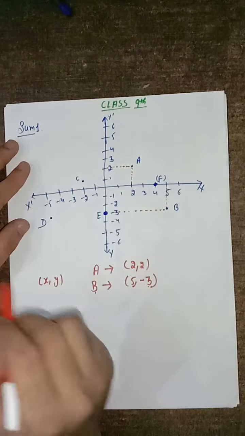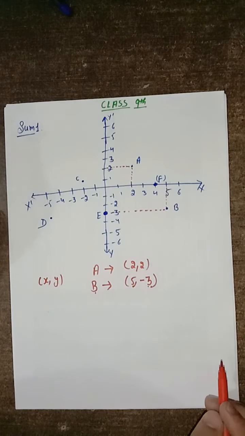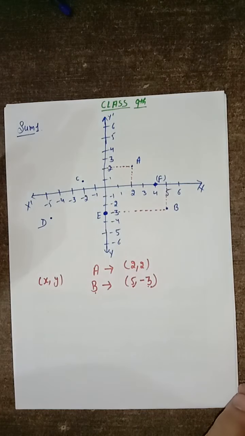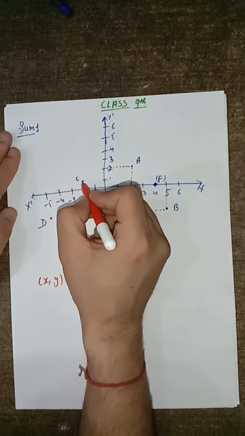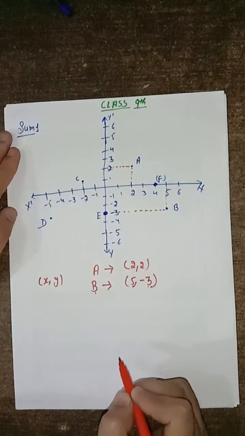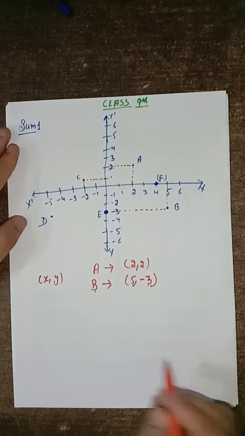Now what are the coordinates for C? Student, try yourself. Try to find out the coordinate of C. Let's see, student. My x-axis is minus 2 and y-axis is 1.